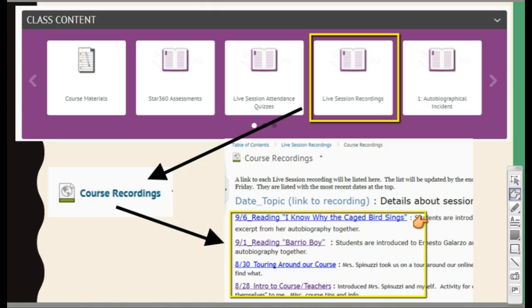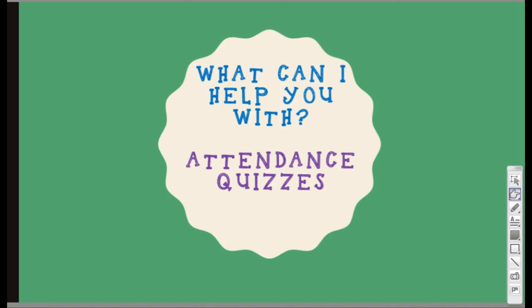And then after the colon, there are some extra details about what we did in that class. So you can see if that's something that you've attended or not, kind of jog your memory. So by the end of the day, this will be updated. Okay, so home page, click on Live Session Recordings, click on this link, and then peruse this list and see where you need to go from there.